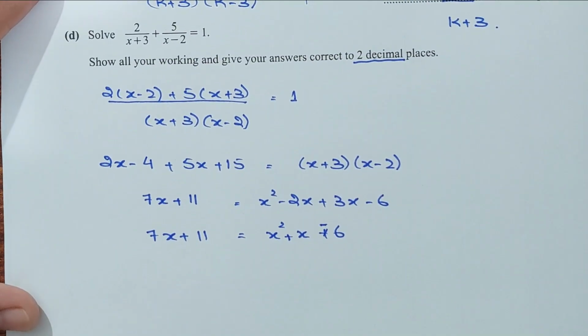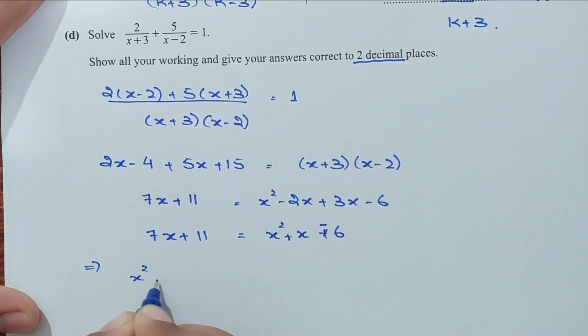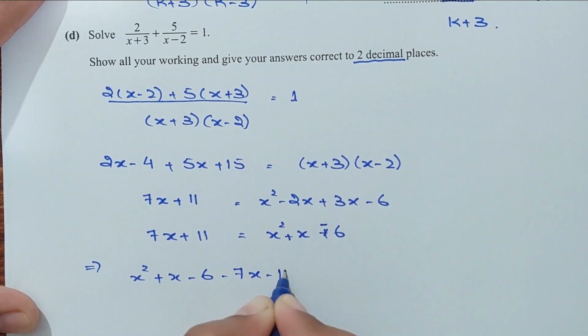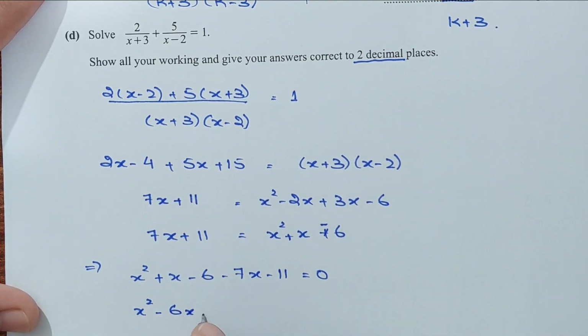Okay, shifting all the terms to the right side, we can say x square plus x minus 6 minus 7x minus 11 equals 0. So x square, and we have minus 6x, because 1 minus 7 is minus 6, and minus 6 and minus 11 is negative 17. This equals 0.